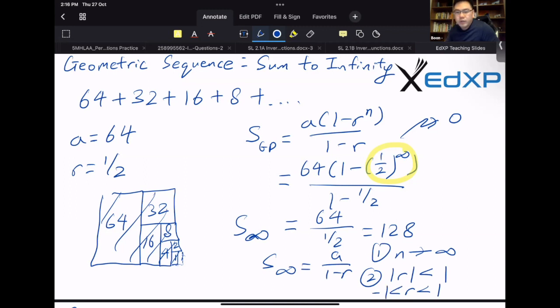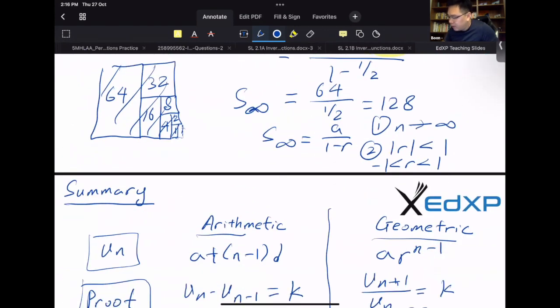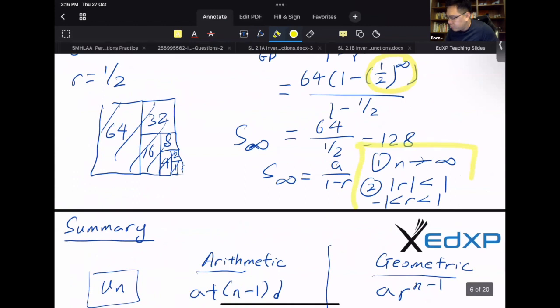Otherwise, it will diverge. Okay. Only when n goes to infinity and the common ratio is less than 1 and greater than minus 1, then we can use this formula because it converges to a finite value. Okay, this is very important. Let me highlight this as well. The conditions for sum to infinity to be used.